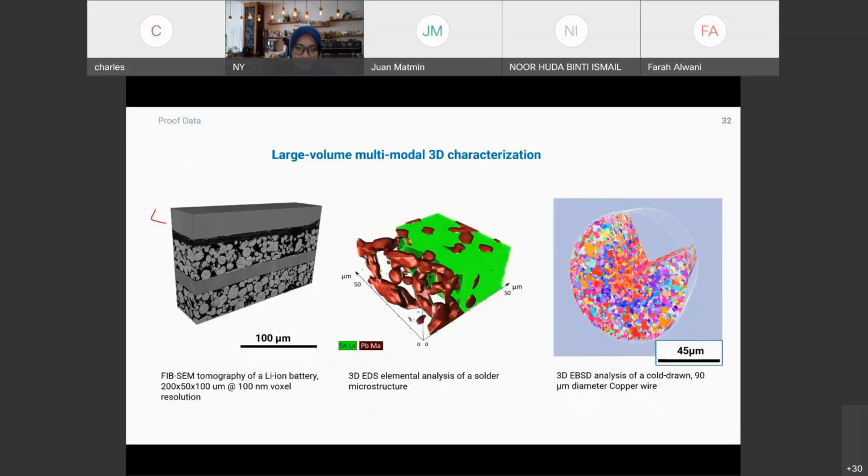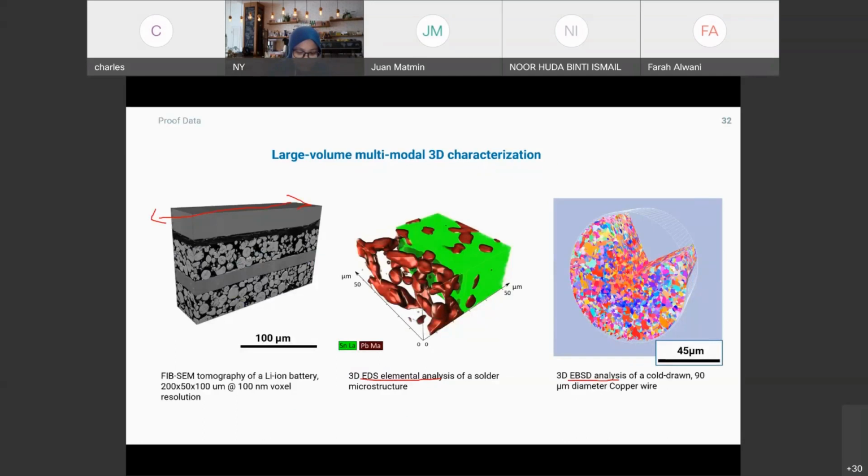When we are able to achieve this kind of evaluation, we can go further to enhance the characterization by EDS, the elemental analysis, and EBSD, the so-called crystalline structure analysis. So we use these two detectors concurrently with the FIB-SEM.